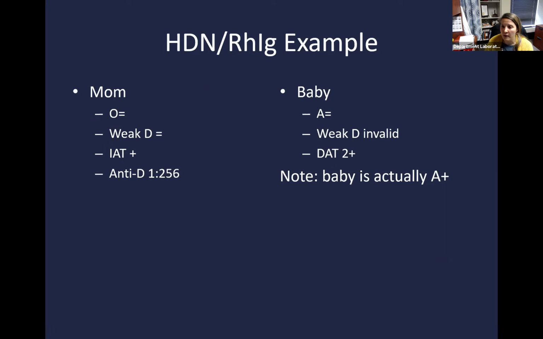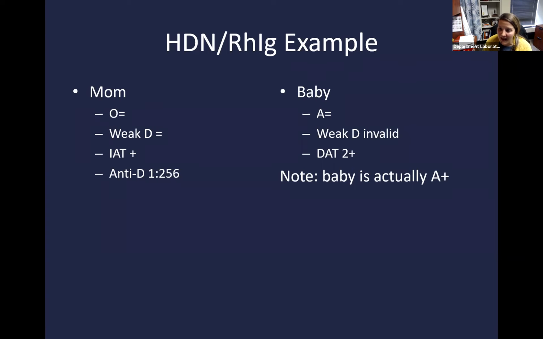And okay, I'm gonna come back to that. And notice too that the baby has a positive DAT, indicating that there is hemolytic disease of the newborn present. Okay, that weak D invalid, let's talk about what's happening there. Mom's anti-D is crossing the placenta, coating all of the antigen sites on the baby cells.